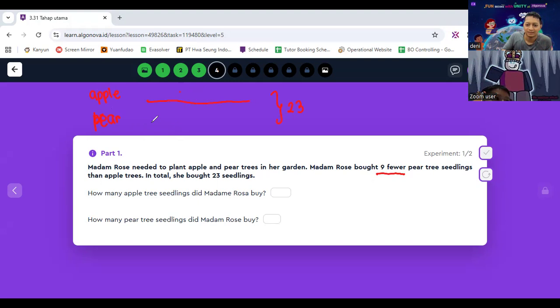It's 9 fewer, yeah, it's 9. So, how to know this section? What should we do after?